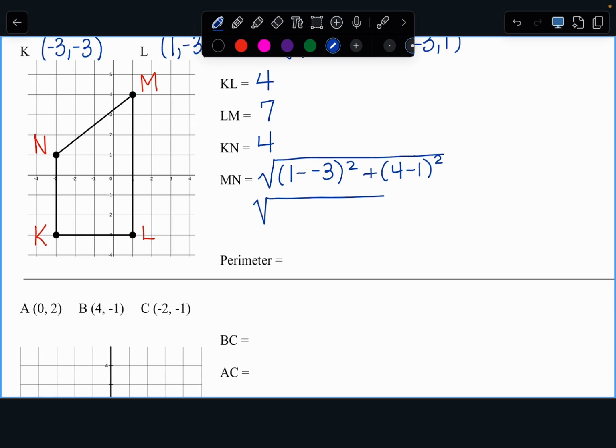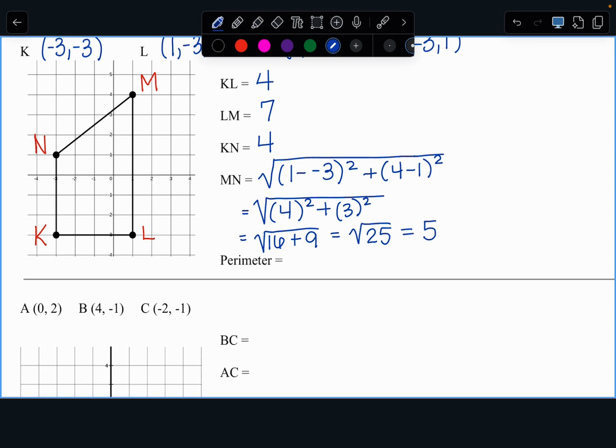Simplifying what's in parentheses, that gives us 4 squared plus 3 squared. 16 plus 9 is 25, and the square root of 25 is 5.